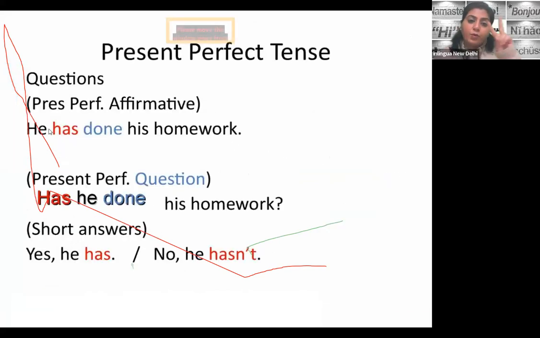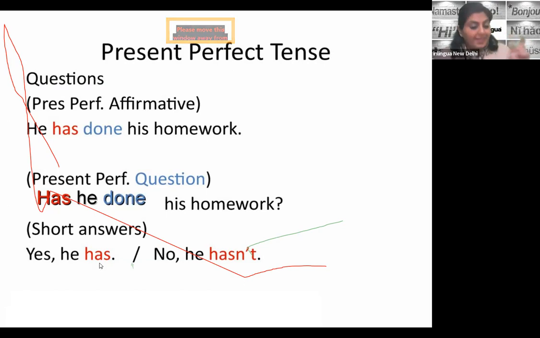Questions have two kinds of answers, yes and no. So if you have a regular statement, he has done his homework, this is a regular statement. When we change it into a yes and no question, we say, has he done his homework? There are two possible answers only. Yes, he has done his homework.